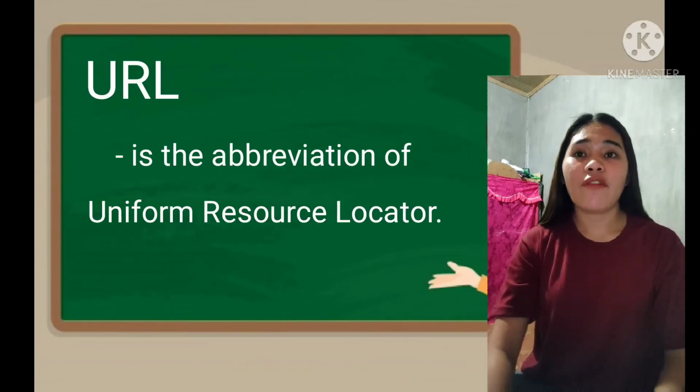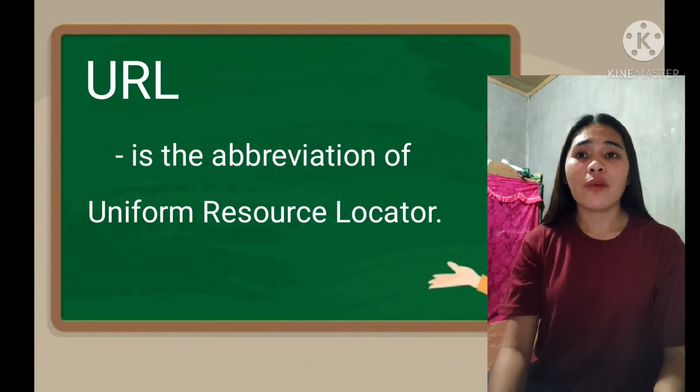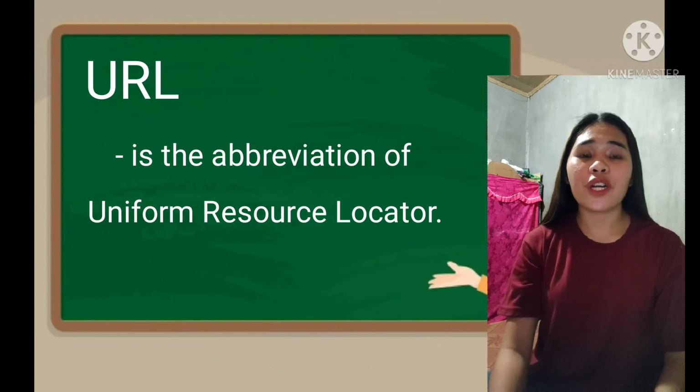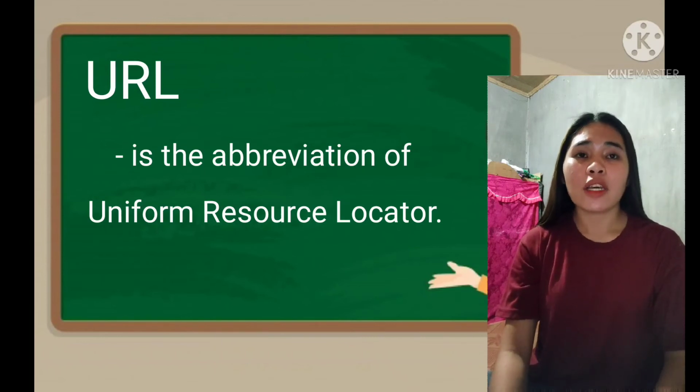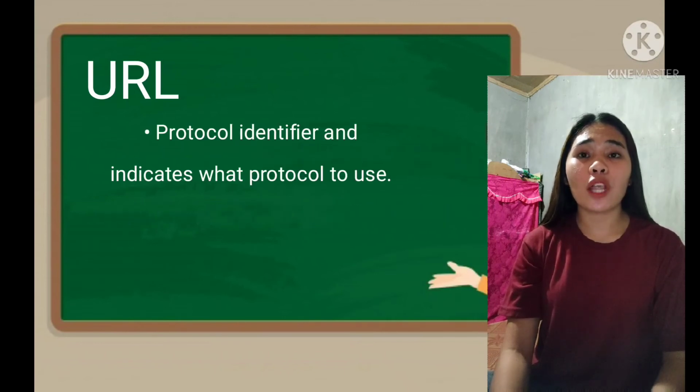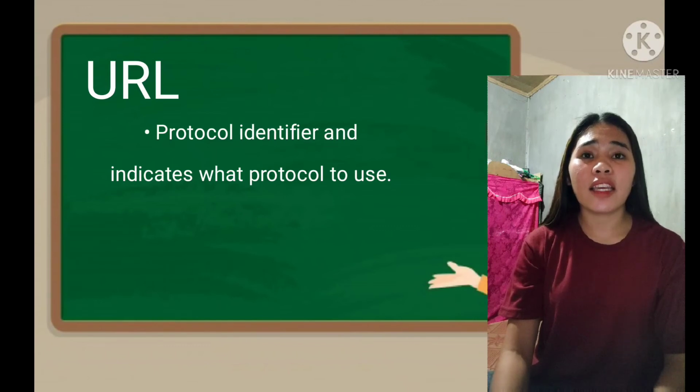URL is the abbreviation of Uniform Resource Locator. So URL is a unique identifier used to locate a resource on the internet. It is also referred to as a web address. The first part of a URL is called the protocol identifier, and it identifies what protocol to use.